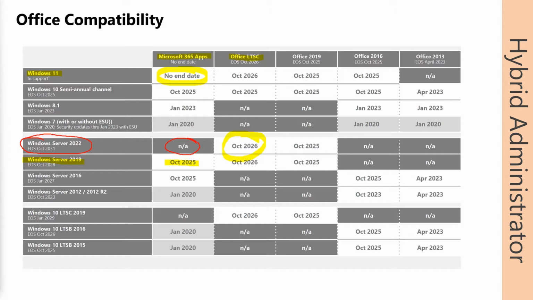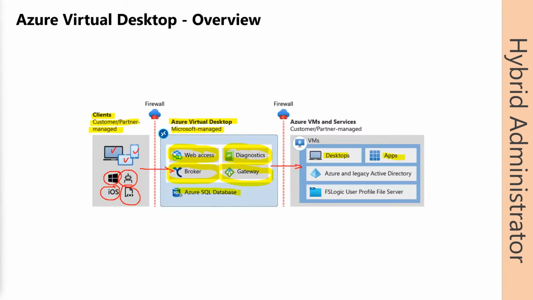So with this knowledge, you will realize, oh, with Azure Virtual Desktop, I can provide a Windows client desktop with multi-session, with full Office support. So let's say a terminal server based on Windows client with full support for Microsoft 365 apps.